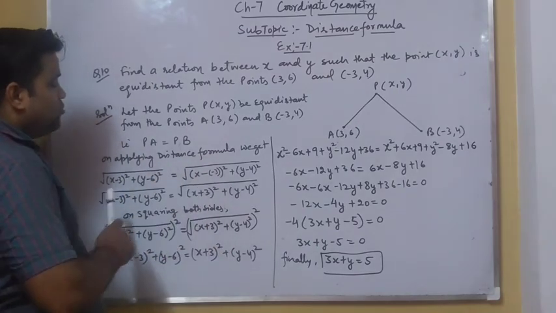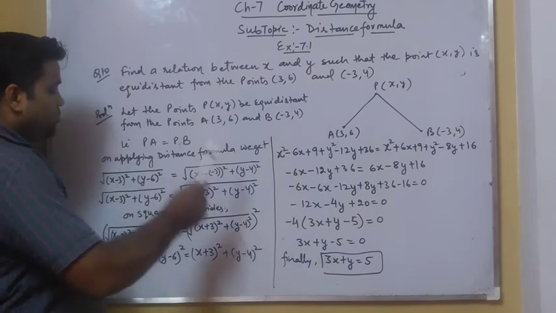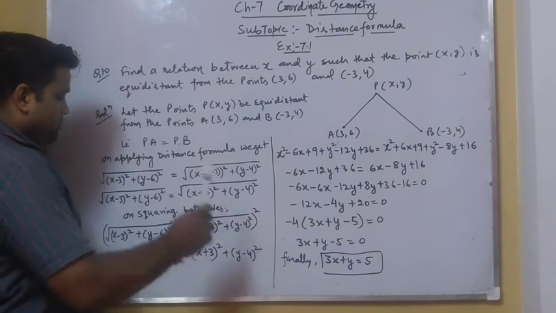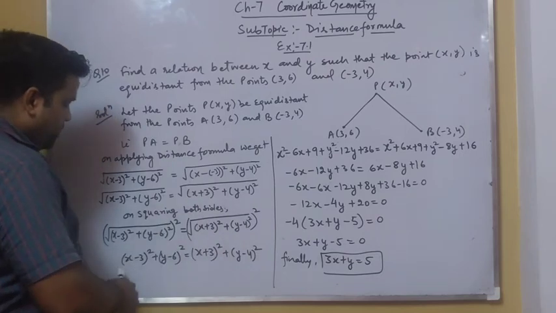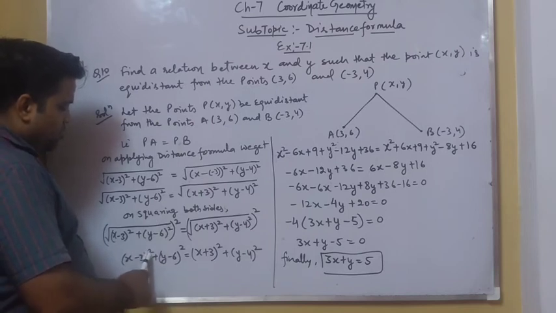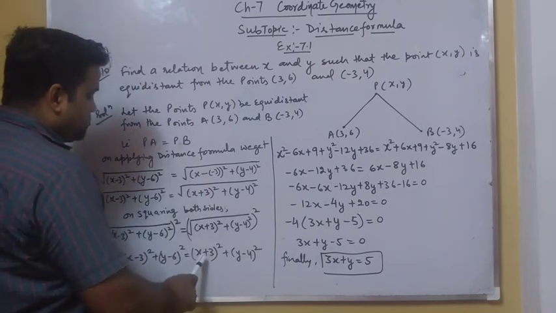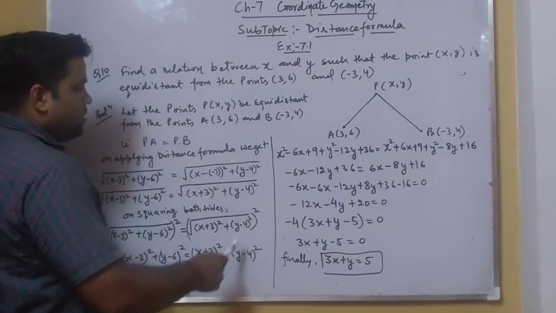As there is a square root in LHS and RHS, to remove these square roots, we square both sides. After squaring both sides, we get x minus 3 whole square plus y minus 6 whole square equal to x plus 3 whole square plus y minus 4 whole square.